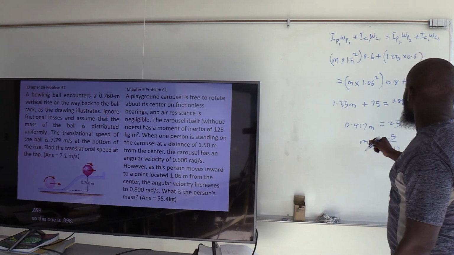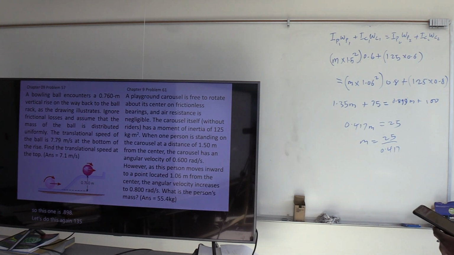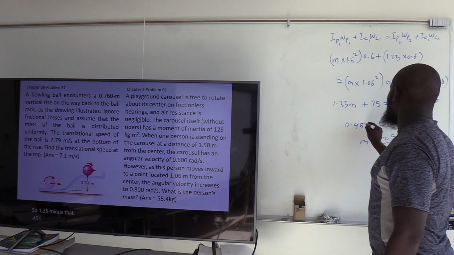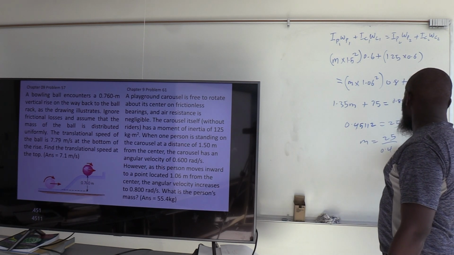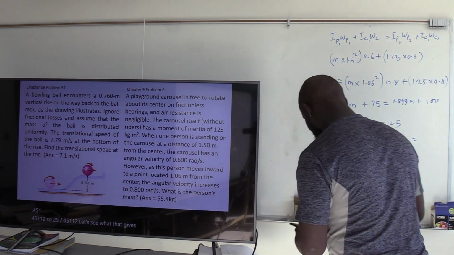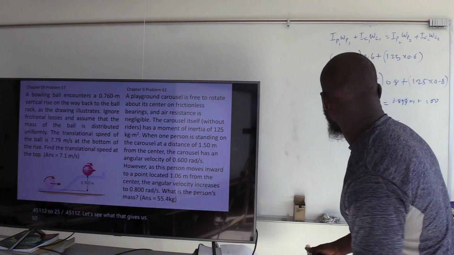Now let's do this again: 1.35, so that's 1.06 squared times 0.8. That's where we made a mistake. So 1.35 minus that is 0.45112. So 25 divided by 0.45112 gives us 55.4. Correct.